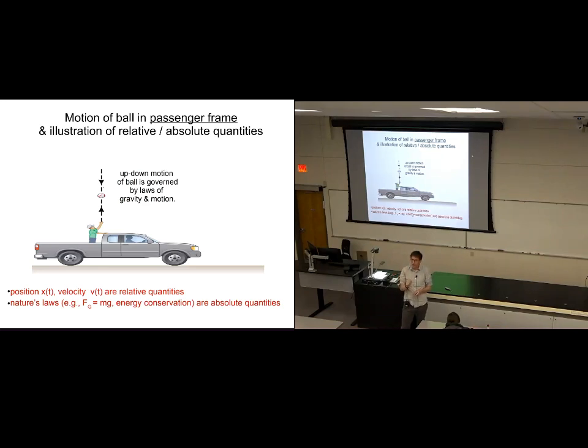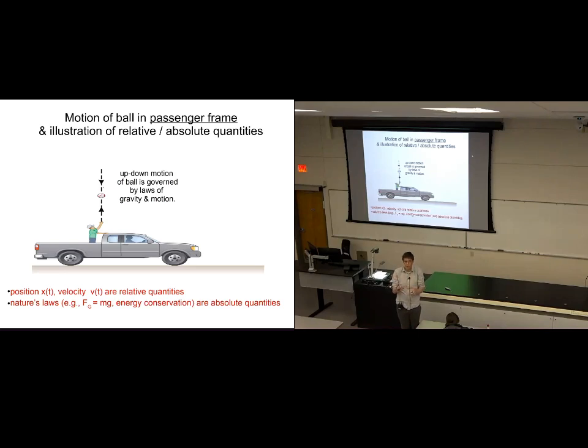And then the second reference frame is what I'm going to call the pedestrian reference frame. It's going to be from the frame of reference of a pedestrian standing on the roadside watching the truck go by. So we're going to see the same thing, the ball being thrown into the air and falling back down, but from these two different reference frames.